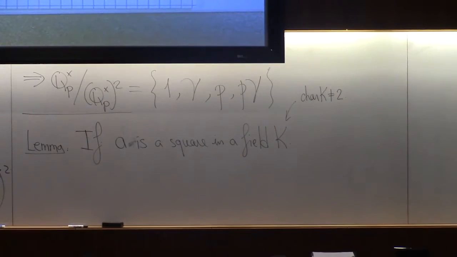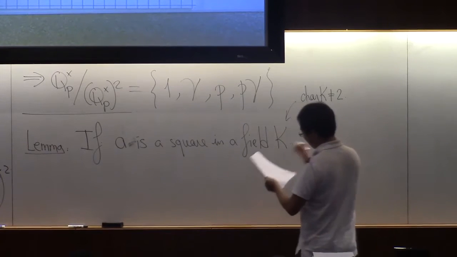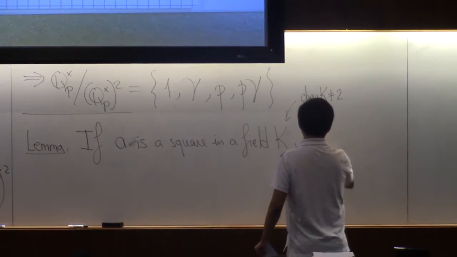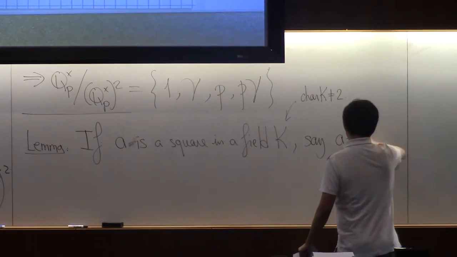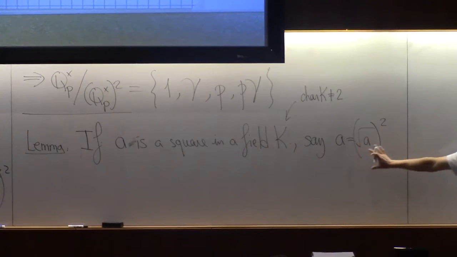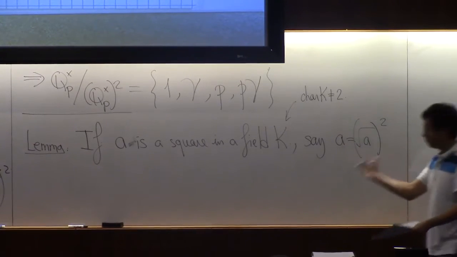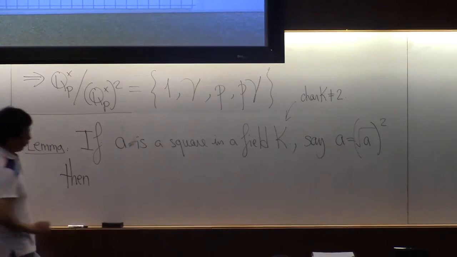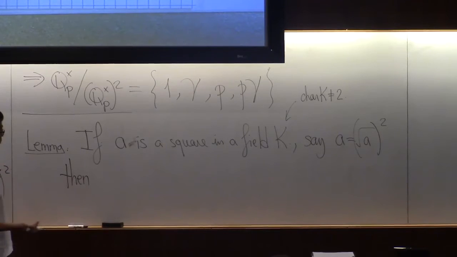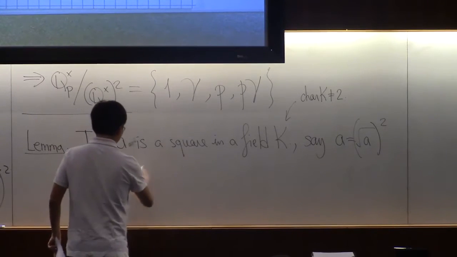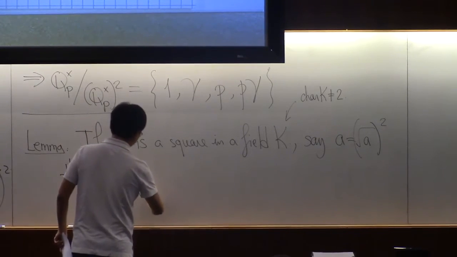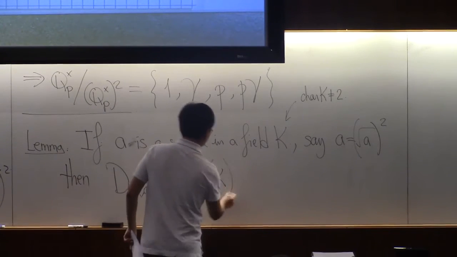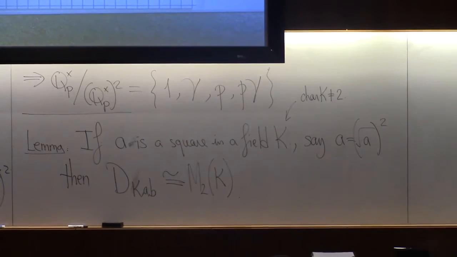I want to avoid characteristic 2. It's a square, so I'm just going to write a as the square root of a, squared, where the square root of a is an element in K. Then as long as one of a or b is a square, this quaternion algebra I defined earlier is just a matrix algebra. Nothing new.